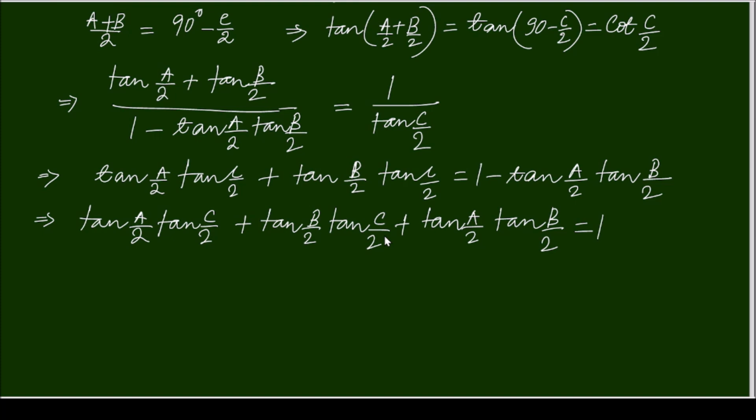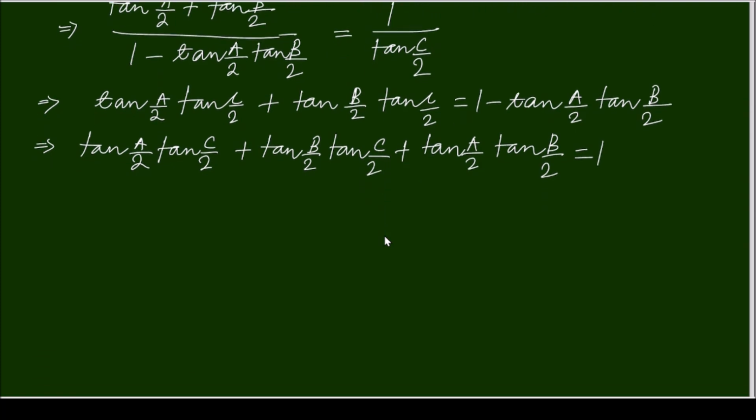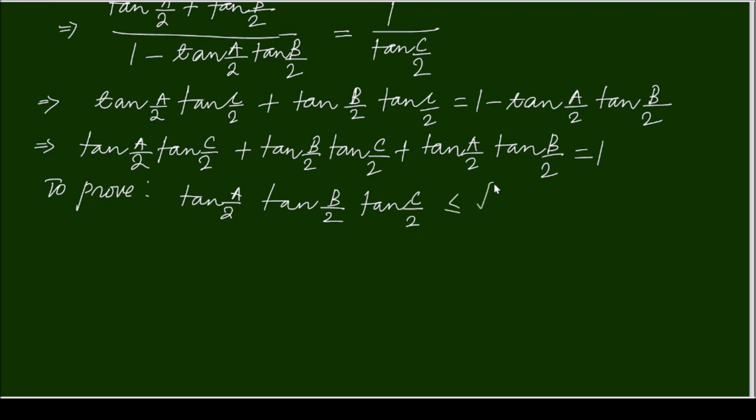So if you know this already, no need of proving this, then we can write the result. Now we have to prove, I'm rewriting the question, to prove tan A by 2, tan B by 2, tan C by 2 is less than or equal to square root 3 by 9.